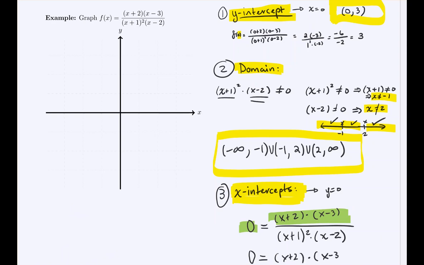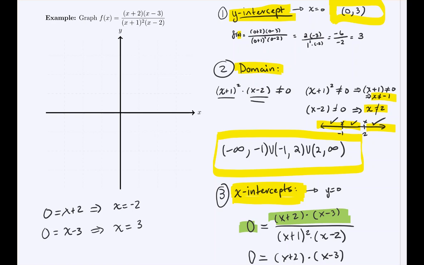Now we've got a product of terms equaling 0, and that only happens if the terms separately equal 0. So this is equivalent to asking when is x plus 2 equal to 0, when is x minus 3 equal to 0. This is when x is negative 2, and this is when x is equal to positive 3.